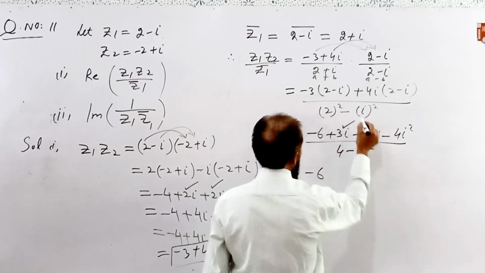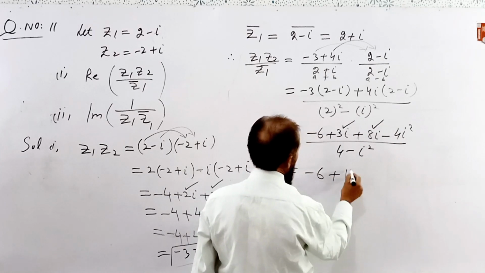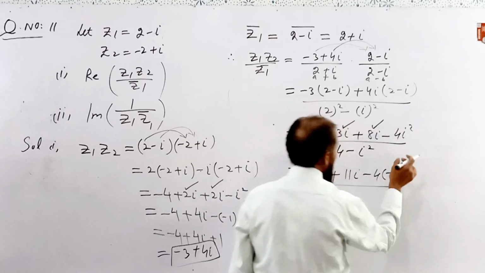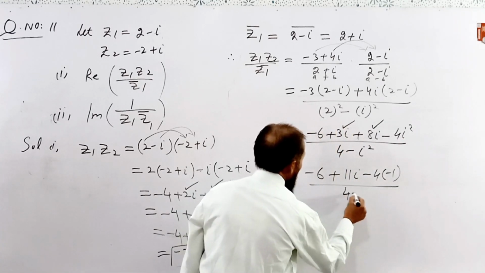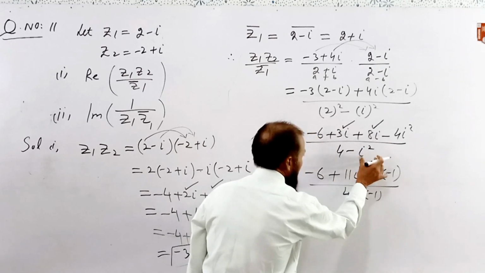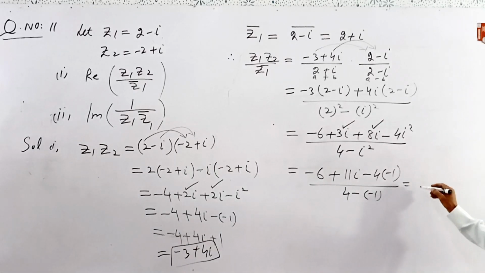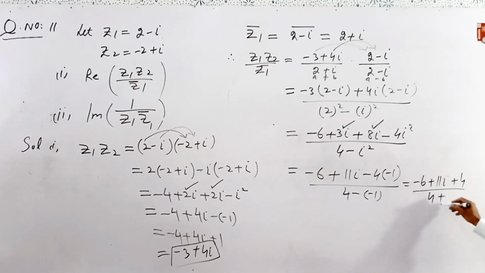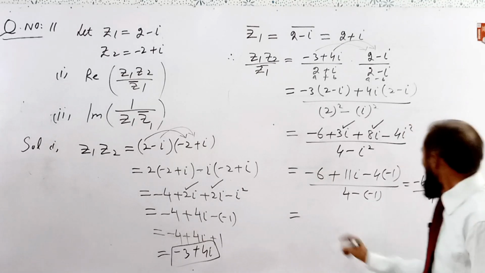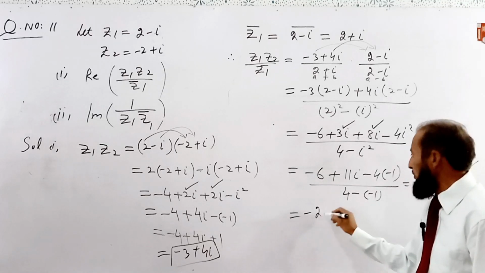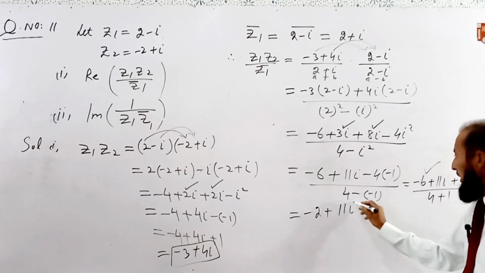Minus 6, this will plus 3 plus 8 is 11 iota, minus 4 into minus 1, replacing iota square with minus 1, and here 4 minus iota square, we put minus 1. Further we simplify this term: minus 6 plus 11 iota plus 4 divided by 4 plus 1. Now the real part: minus 6 plus 4 we get minus 2 plus 11 iota divided by 5.